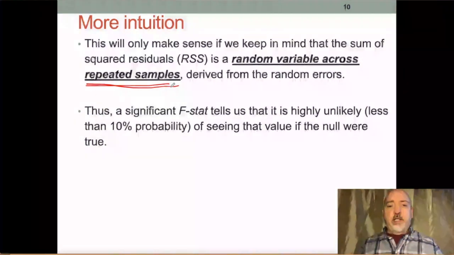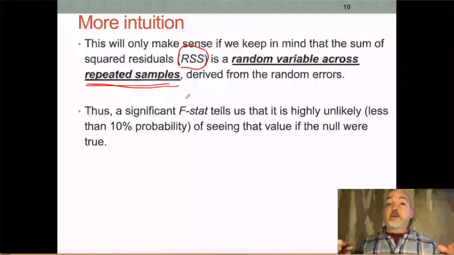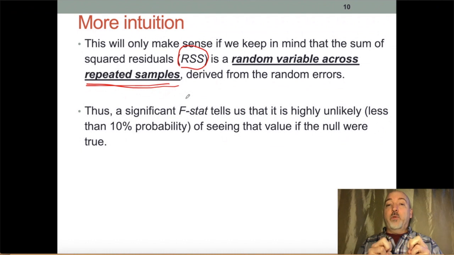Well, it's not much of a leap to say the sum of squared residuals, the RSS, is also random across samples. Every time we grab a separate set of Y observations and run a separate regression, we'll get a different RSS. So it's the same idea. Are we seeing this big difference in residual sum of squares just because of random chance from our one sample, or is it a structural feature of the data generation process?